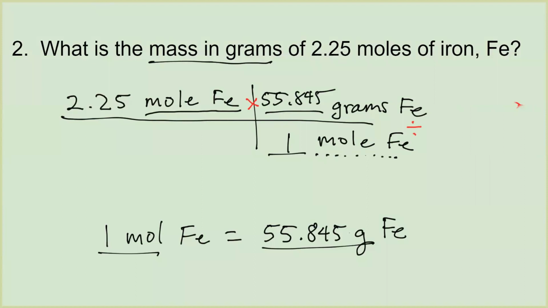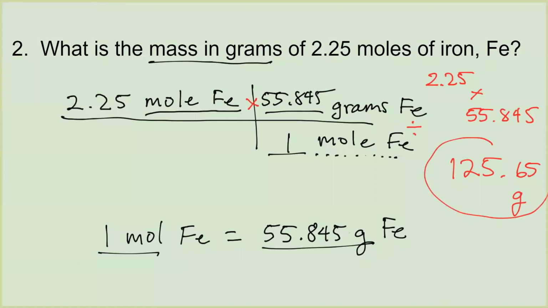So 2.25 times 55.845, and that's going to be just divided by 1. When we plug that in, I got 125.65 grams. Okay, make sure you include the grams. We know it's grams because moles on top and bottom cancels out. So grams of Fe is what I'm left with.